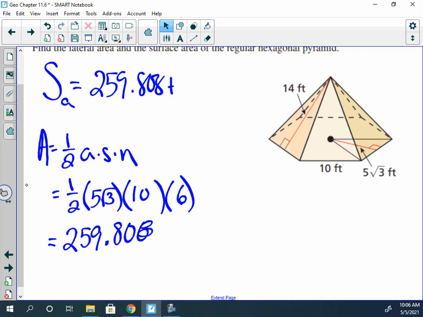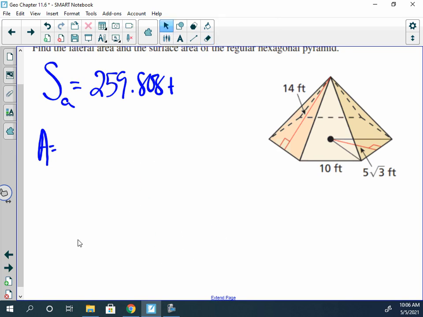So that right there is the first part of our surface area, because we found the base. We found out how much space the base takes up. Now we need to find the lateral faces.